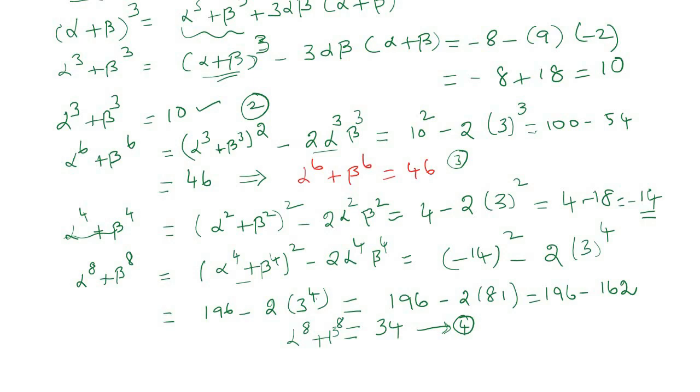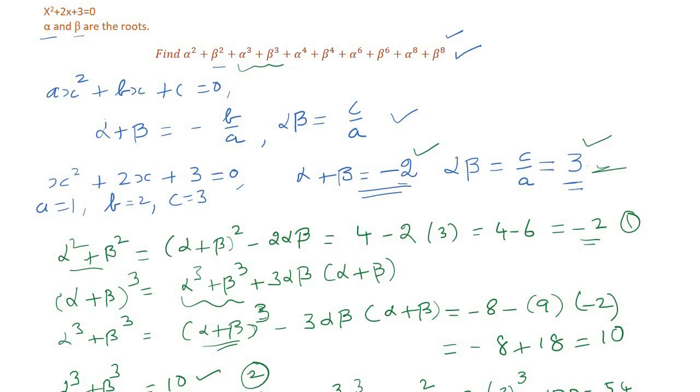So we have to find out all these things: alpha square plus beta square, alpha to the power of 3 plus beta to the power of 3, plus alpha to the power of 4 plus beta to the power of 4, plus alpha to the power of 6 plus beta to the power of 6, alpha to the power of 8 plus beta to the power of 8. We have to find out all these things. Okay, so first is alpha square plus beta square. We already found that to be minus 2.